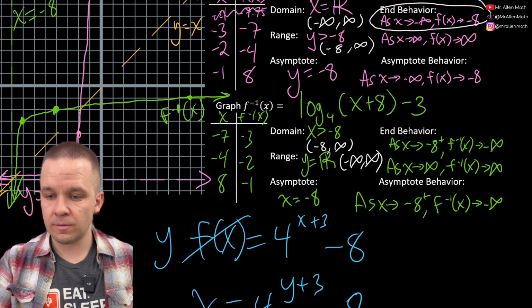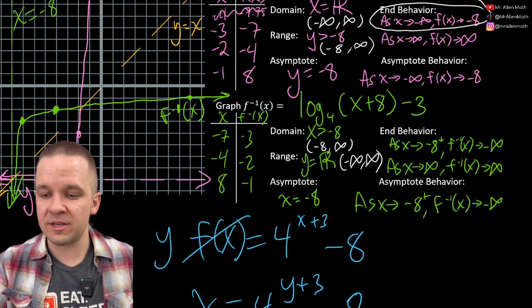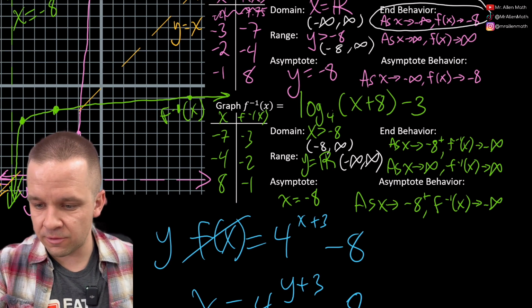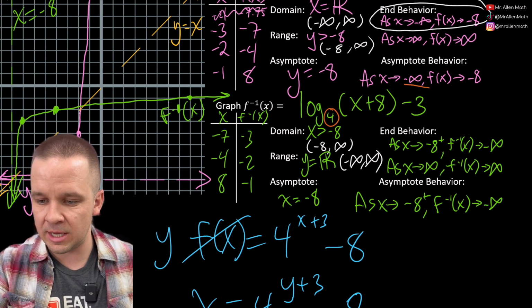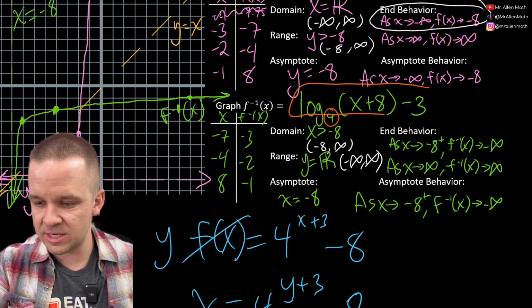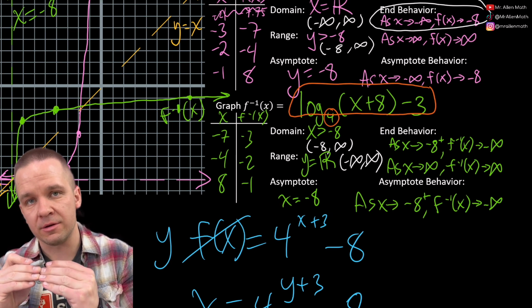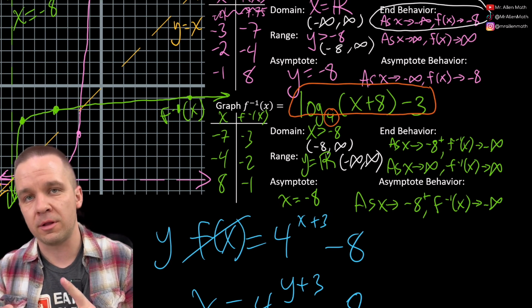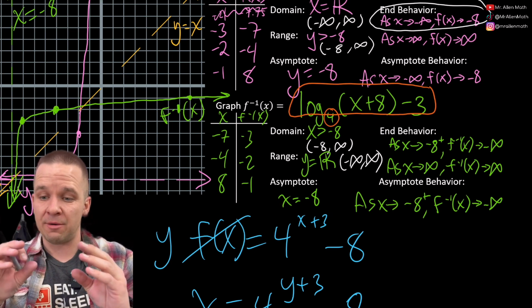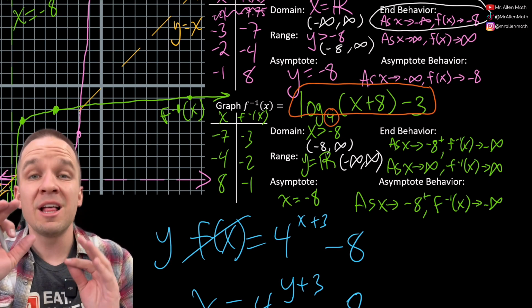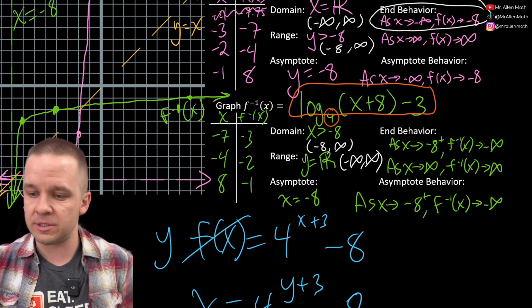Important to note, all the stuff except for this little 4 right here, everything else is in a single line. That 4 is a subscript. It's lower than everything else. So make sure you guys are writing that appropriately and not having the 4 be in line with the log and then the x plus 8 look like an exponent. That is wrong, okay? So make sure your 4 is a subscript there.